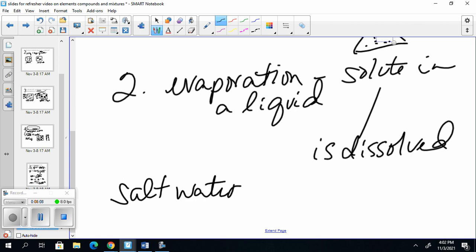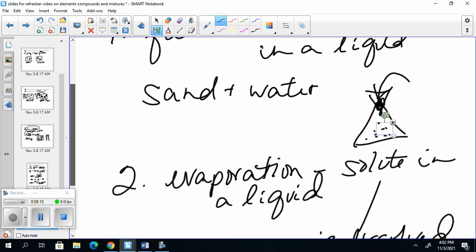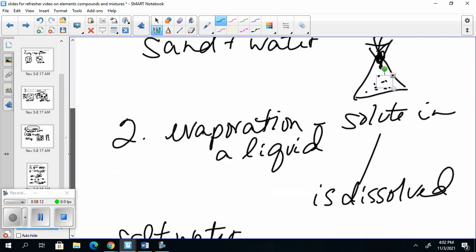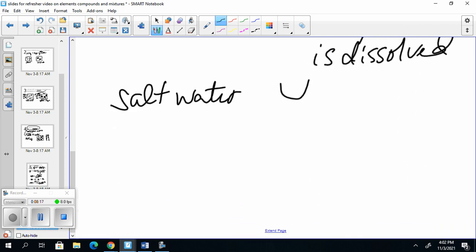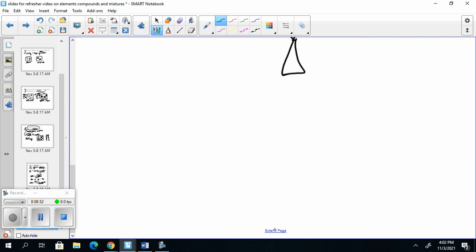If I put salt water through a funnel like this, it wouldn't do anything because the salt is dissolved in the water. But instead, I could put the salt water in a dish and heat it up. So here's my Bunsen burner. I heat it up and the water is going to evaporate out and the salt will remain on the bottom. So that's how I could separate that.